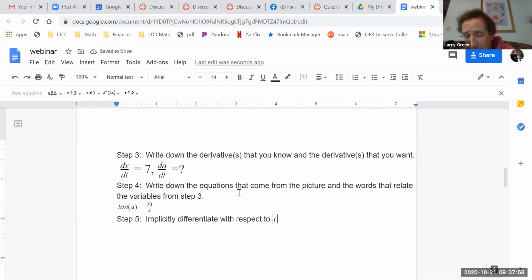And it'll just about always be t because rates are usually by time. Any questions on what step 5 statement is?